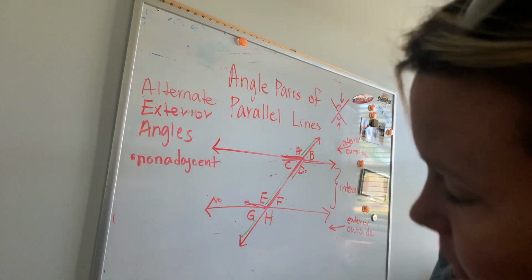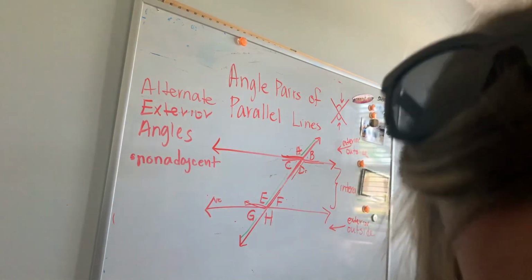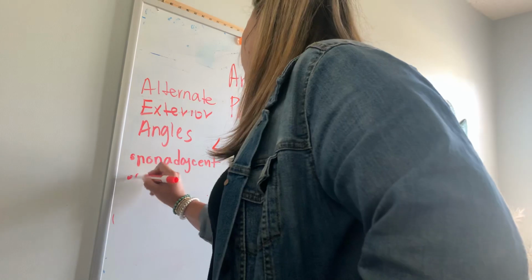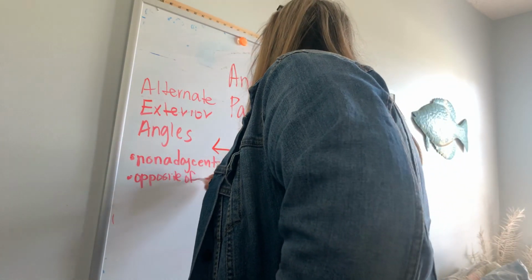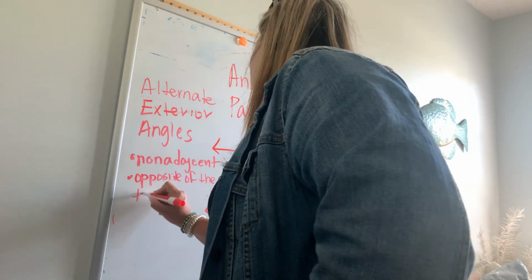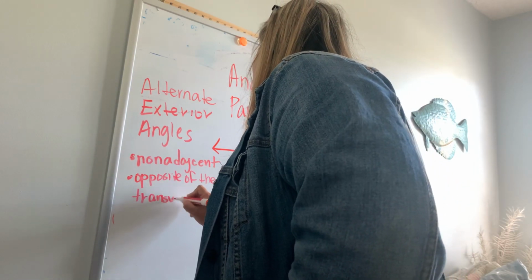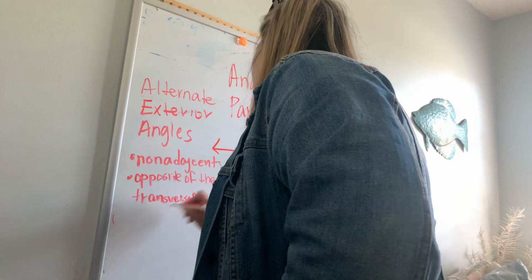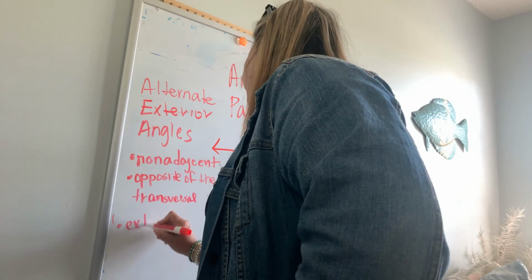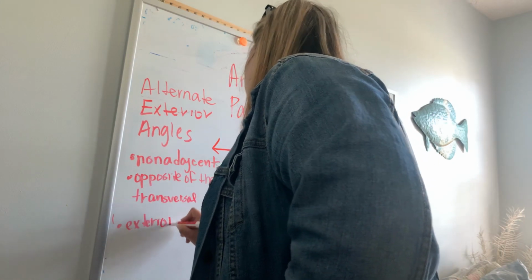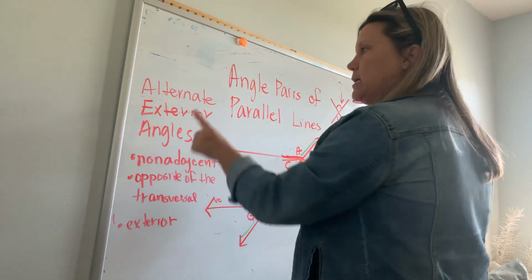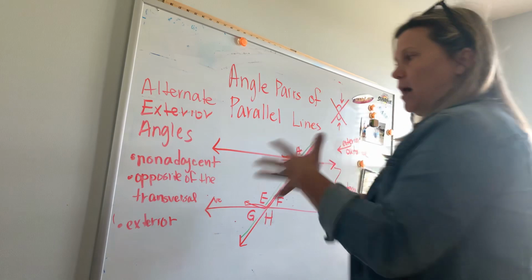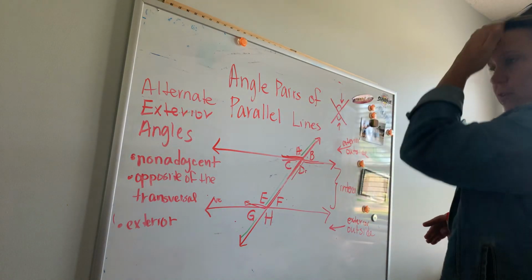Did I spell it wrong? Yep. They are on opposite sides of the transversal, and they are exterior. And it kind of makes sense. Alternate means kind of like opposite.